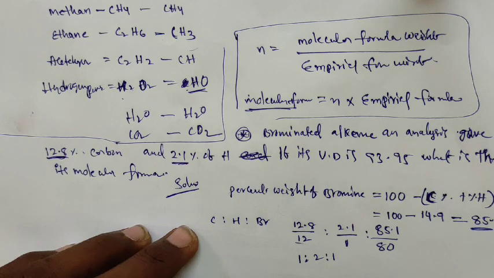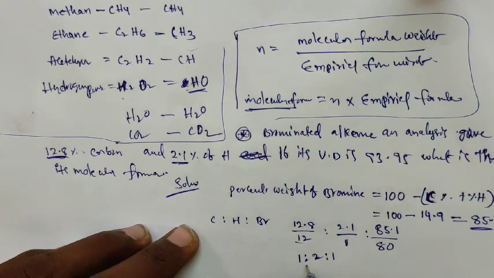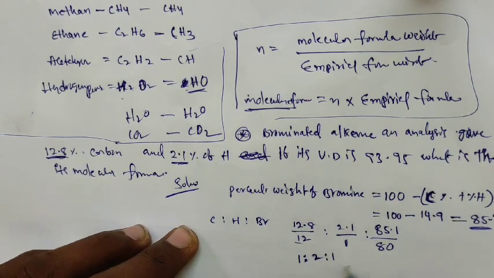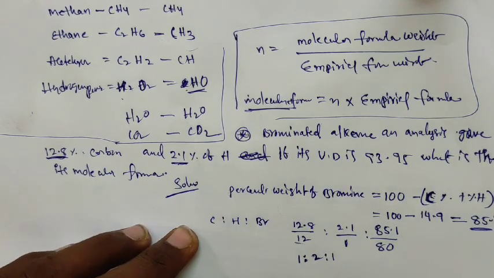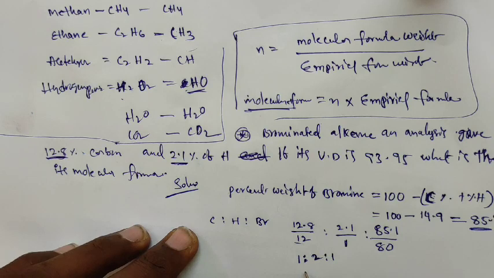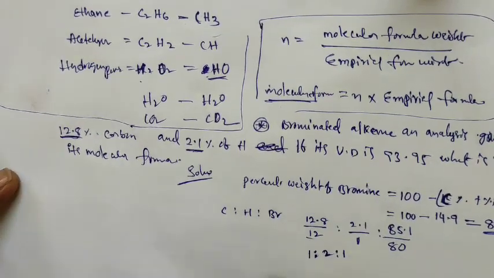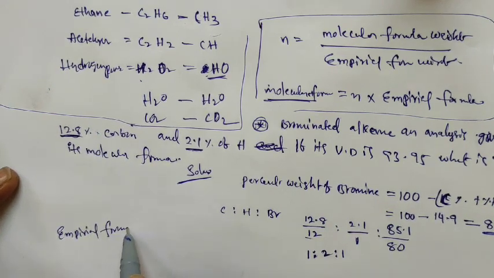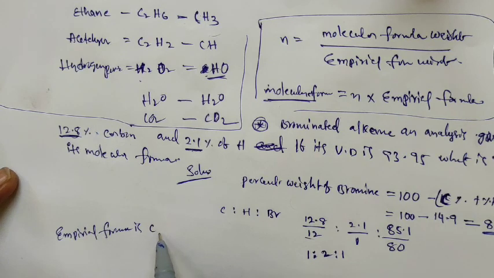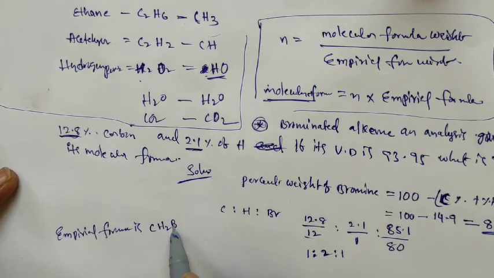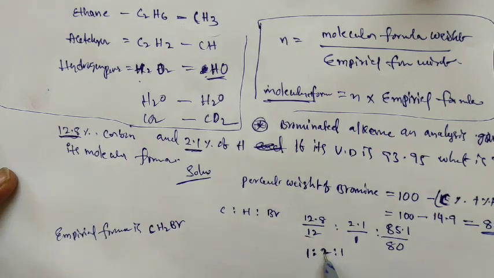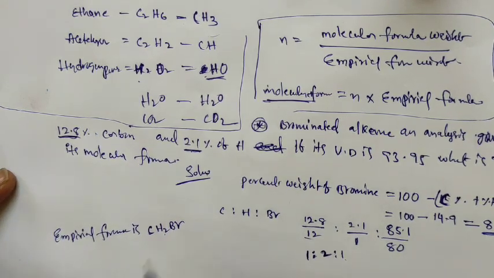So exactly divided, but we can take like this: 1 time, 1 time, 2 times. So now empirical formula is CH2Br, because this one atom carbon, 2 atoms hydrogen, 1 atom bromine.